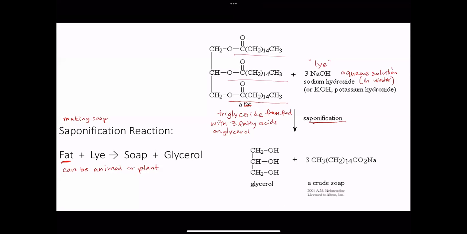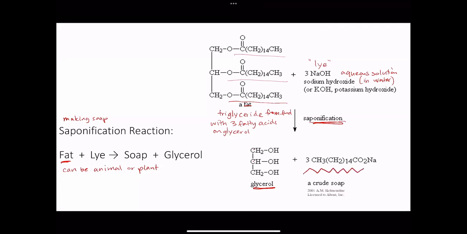And so what happens though is when you finally get it to mix in the slow reaction, you will release the glycerol. So this is the glycerol. It's 3 carbons, 1, 2, 3 with 3 OH groups. And you will also have, this is the soap structure, the same structure that we saw before. There are the carbons that are the nonpolar tail.